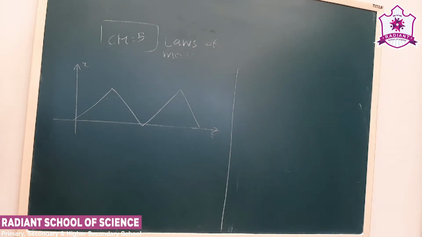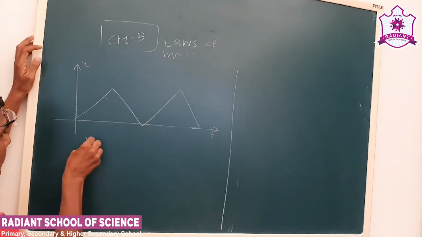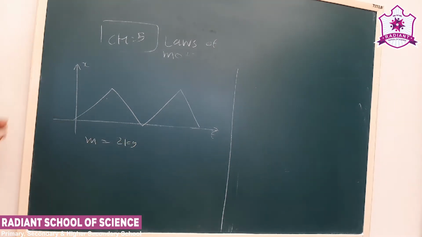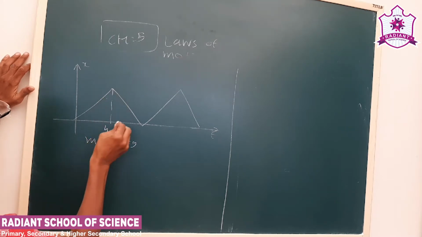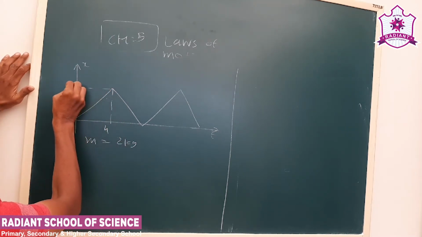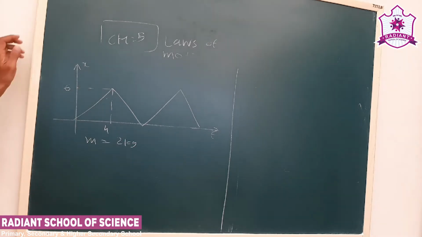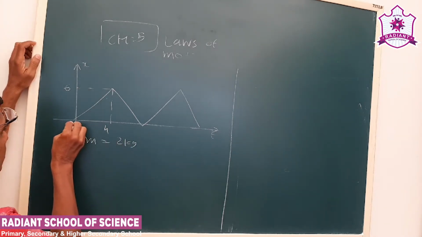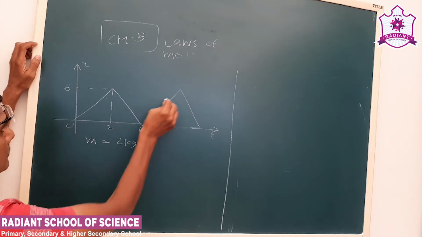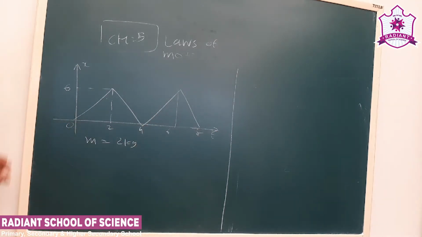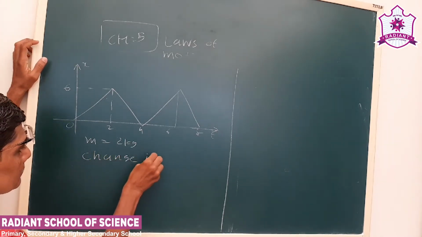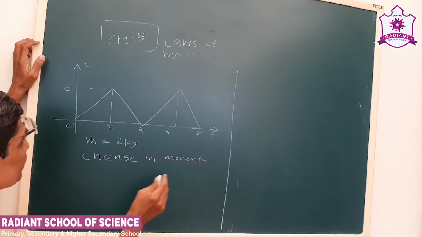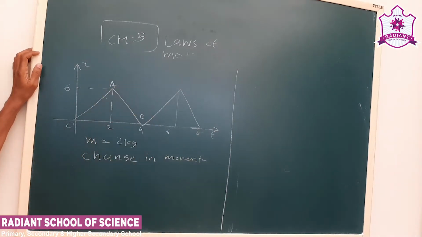The mass of the block is 2 kg. Now the values are given like this. What is the change in momentum? We can divide the graph into symmetric triangles.